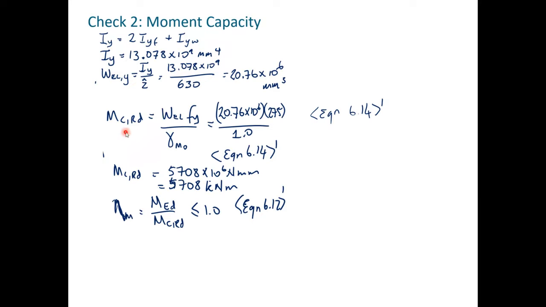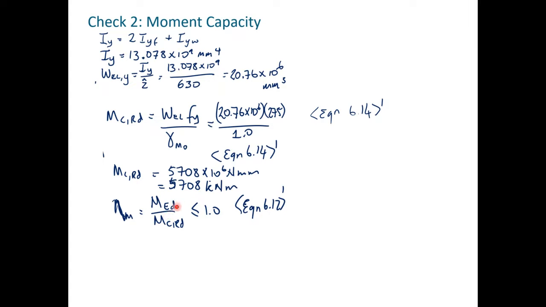And then we know that from equation 6.14 the moment capacity is equal to the elastic modulus times the yield strength divided by the material factor of safety, and that comes out to be 5,708 kilonewton meters. So that's the exact same as we had for example 1, hasn't changed.